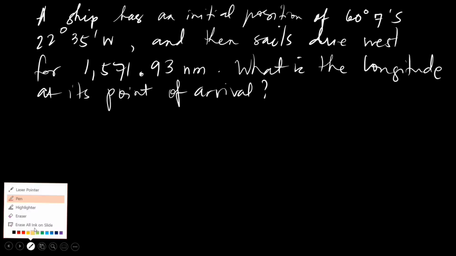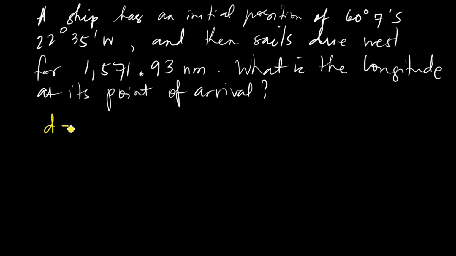So remember the formula for the departure. It is D equals difference in longitude times cosine of the latitude. So in our problem, we do have the 60 degrees and 7 minutes south. This is latitude because it is south. And then 22 degrees, 35 minutes west.